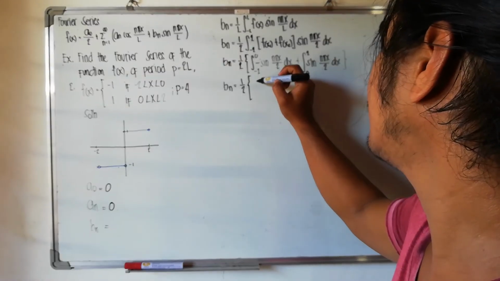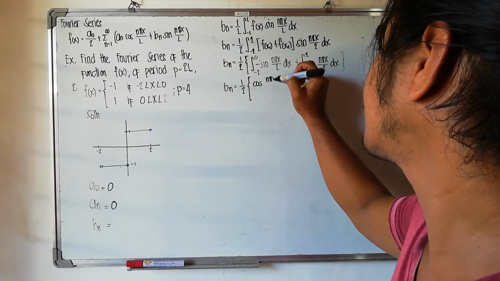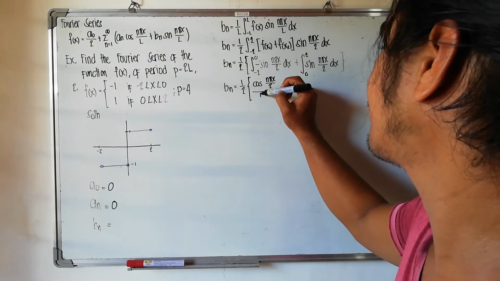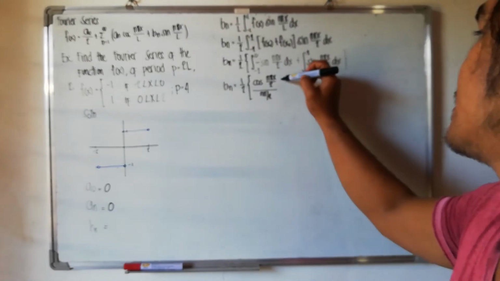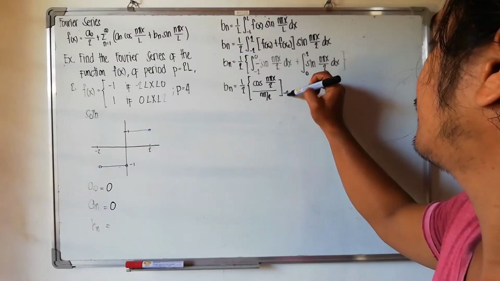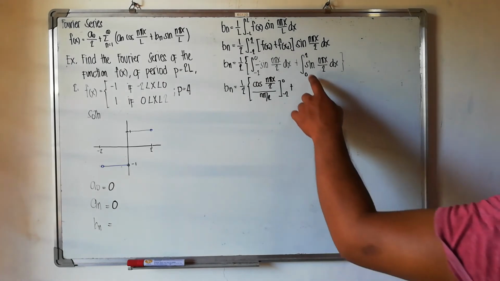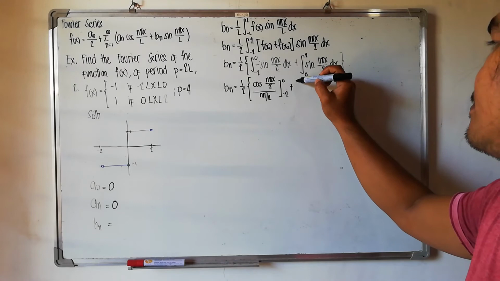So the positive cosine n pi x over 2 divided by n pi over 2, which is a limit of negative 2 to 0, plus the integral of sine n pi x over 2, which is equal to negative cosine.